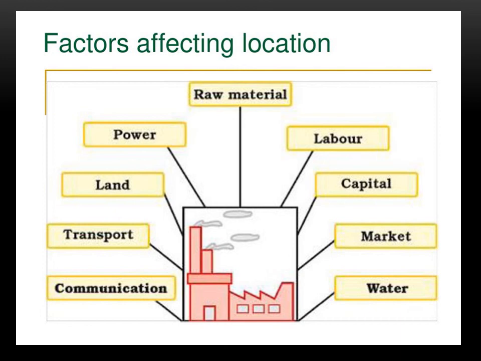The physical factors include the natural routes or the site requirements, and the human factors include raw materials, access to market, capital, government policies, skilled labor, industrial packages, and power supply.